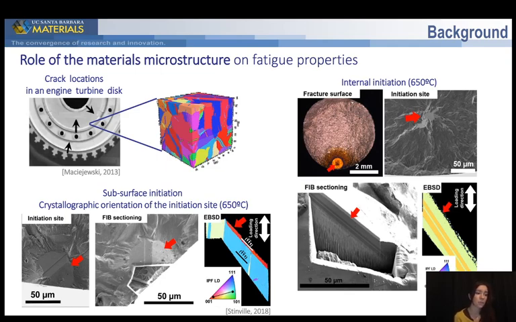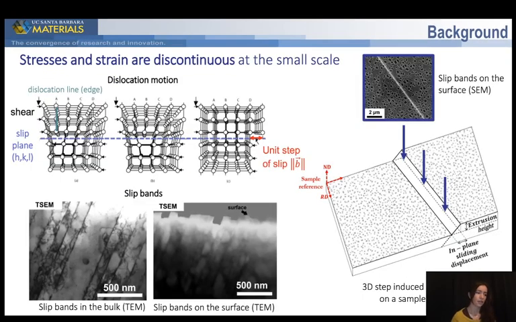So to understand where damage is going to occur, we need to investigate how stresses will concentrate in our material at the small scale. And it usually all starts with irreversible plastic deformation. In these structural materials, dislocation motion is the primary form of plasticity, and in particular, dislocation slip.